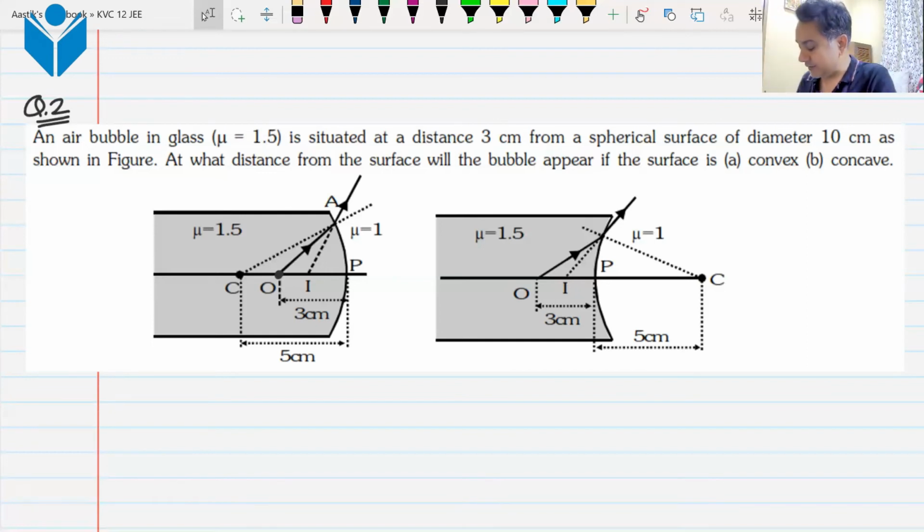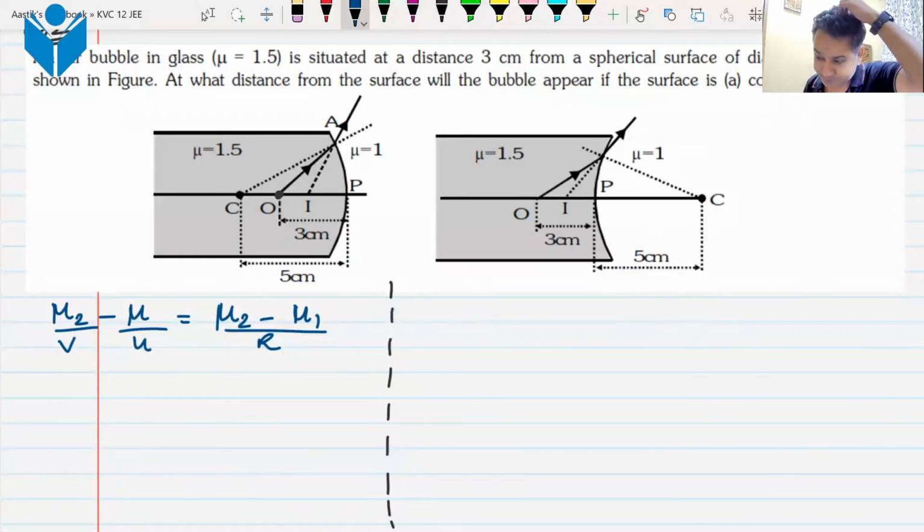Yes, sir. Okay. In the first case, I applied the formula mu2 by v minus mu1 by u is equal to mu2 minus mu1 by r. What is the value of mu2?